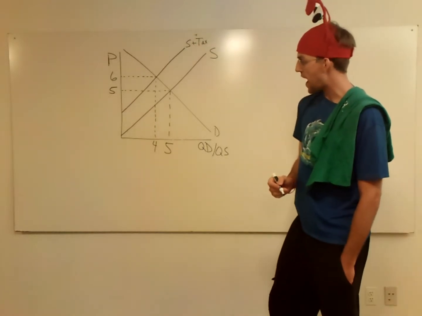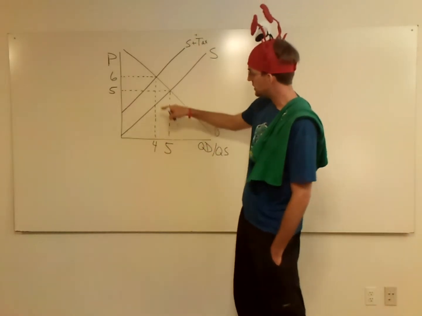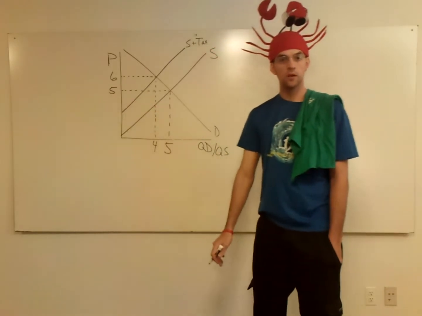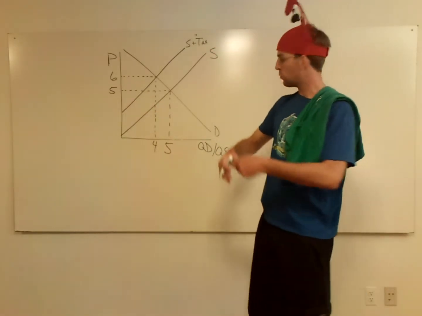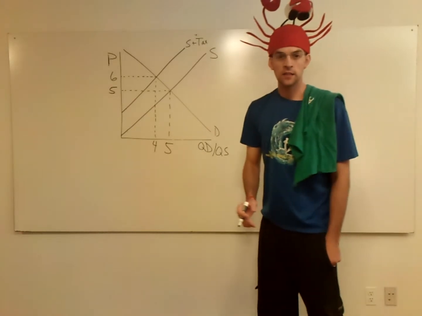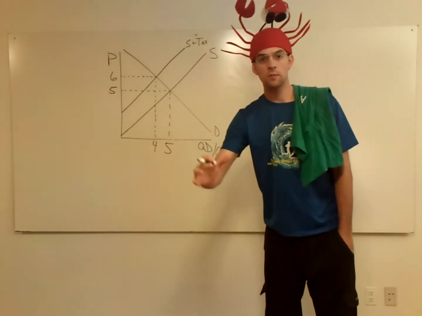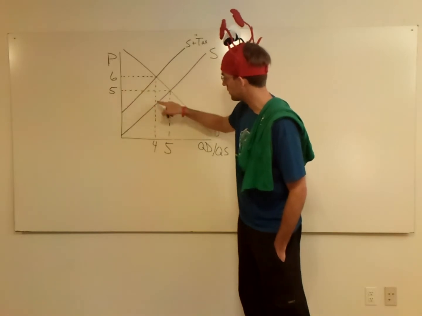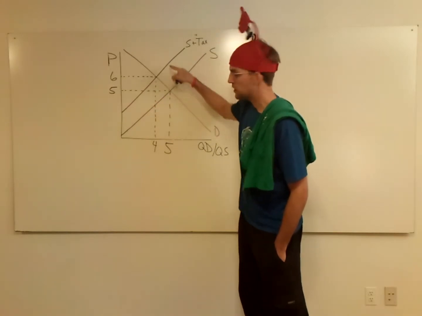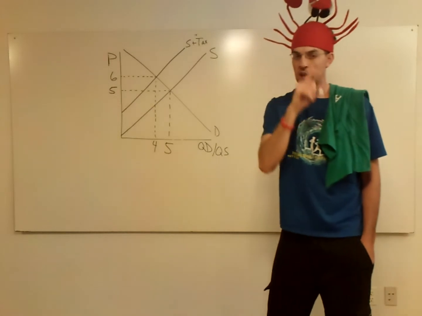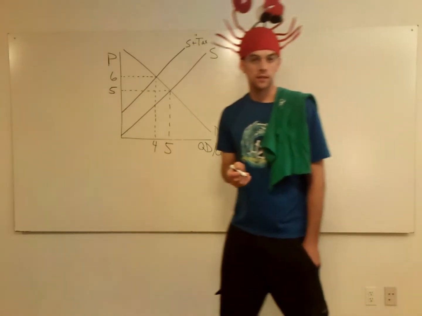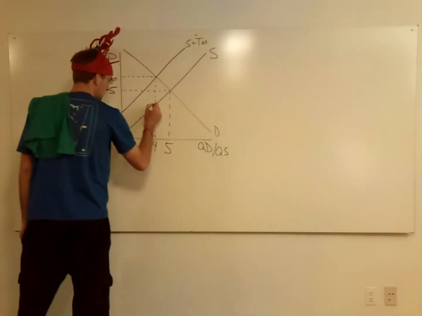The size of the tax is represented by the distance between our supply curves, because remember, we're adding whatever the value of our tax is to each unit we produce. So here at the 4th unit, we're adding $2 or whatever it is. 5th unit, same thing. So I'll put in one more label that will tell you how big this tax is.